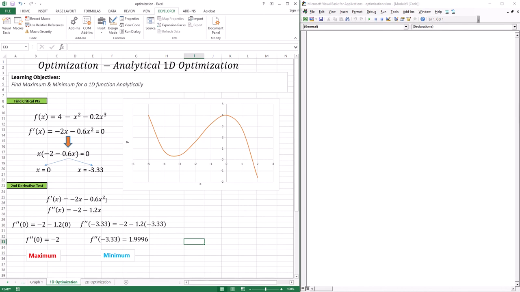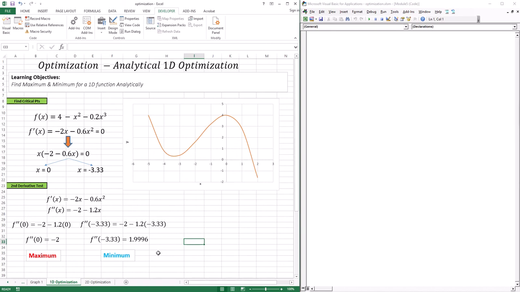The second derivative is merely the derivative of the first derivative, so we got negative 2 minus 1.2x. When I evaluated this at 0, I got a negative second derivative, which means a maximum, and when I evaluated the second derivative at negative 3.33, I got a positive second derivative, which corresponds to a minimum. So this is how we deal with 1D optimization analytically.